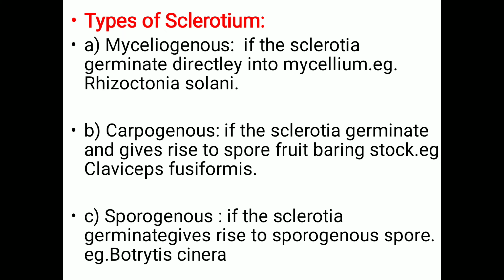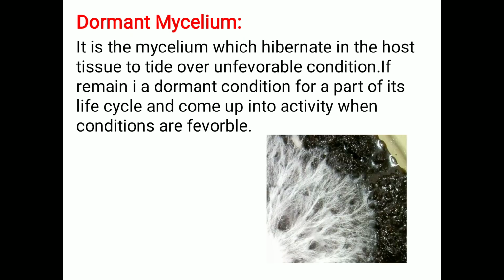So very simple: when the sclerotia develop directly into mycelium, it is called myceliginous sclerotium. If the sclerotia produce the spore fruit bearing stalk, it is called carpogenous. And if after germination it produces spores, then it is called sporogenous sclerotia. So it is very simple.